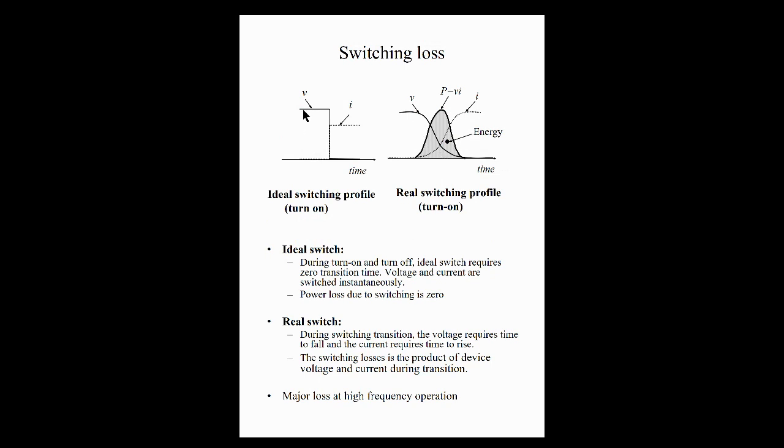As you can see here, the device when it switches on and off shows an instantaneous change in voltage and current for the ideal case. However, this is not the case for real switches. There's some amount of time for the voltage to increase or decrease between turn on and turn off, right? The same for the current.